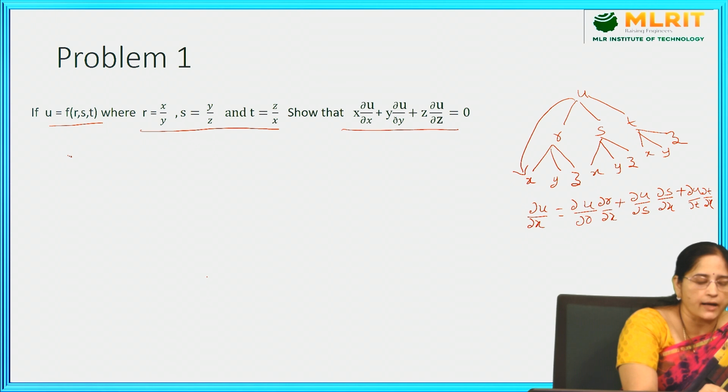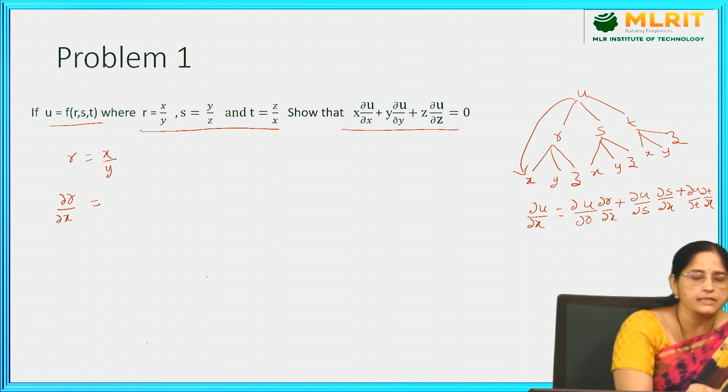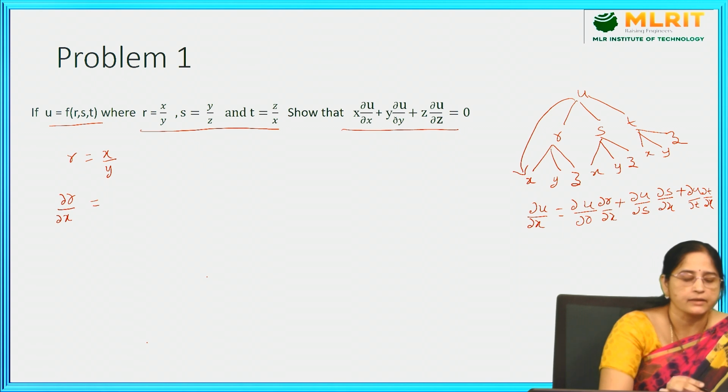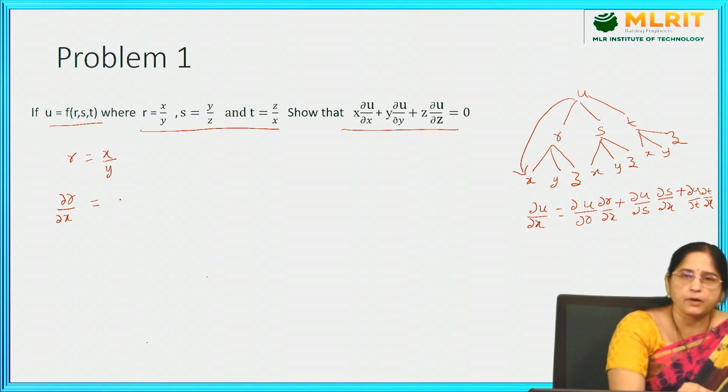What is r? R equals x by y. So what is dou r by dou x? With respect to x we keep y constant, so 1 by y into the derivative of x, 1, that is 1 by y. Next dou r by dou y.